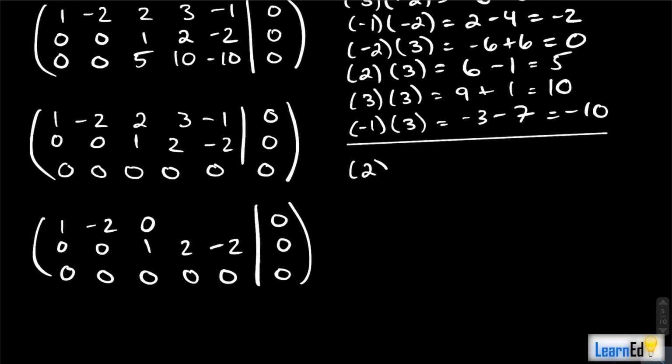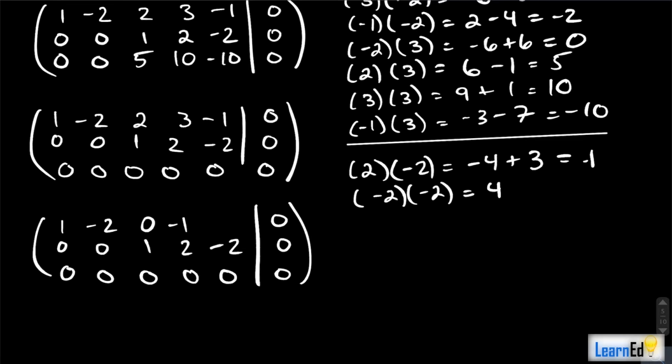We have a 2, this 2, times a -2, get a -4, we add on to 3, we get -1. Then we have a -2 times -2, we get 4, we subtract 1, we get 3.